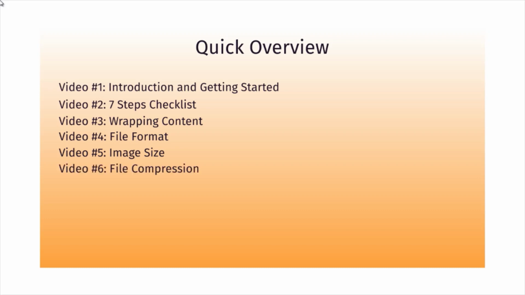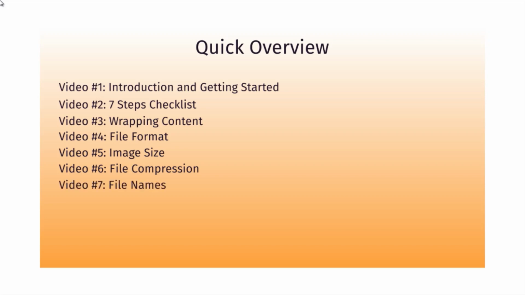Video number 6, we're going to talk about file compression, or in other words, how to compress your files from, let's say, 1 megabyte and decrease it by 50%, which is 500 kilobytes. The goal here is to decrease the size of the image without losing too much of the quality, so that it can run faster when your visitors actually visit your site.